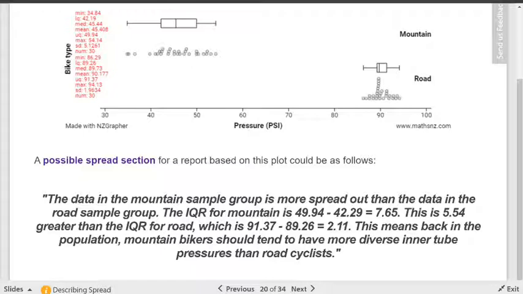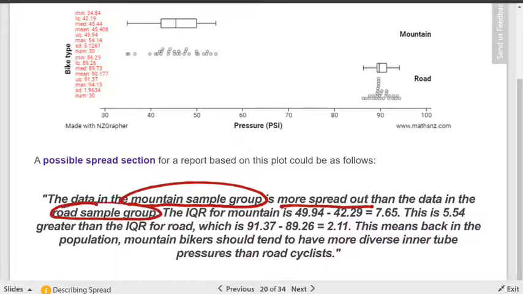But look carefully at the wording. More spread out than the data in the road sample group. You must name the two populations, and you must tell whether it's more spread out, or if you reverse that, you could say the other one is less spread out. But usually we talk about the one that's more spread out. Okay? But if you reversed it, that's fine.